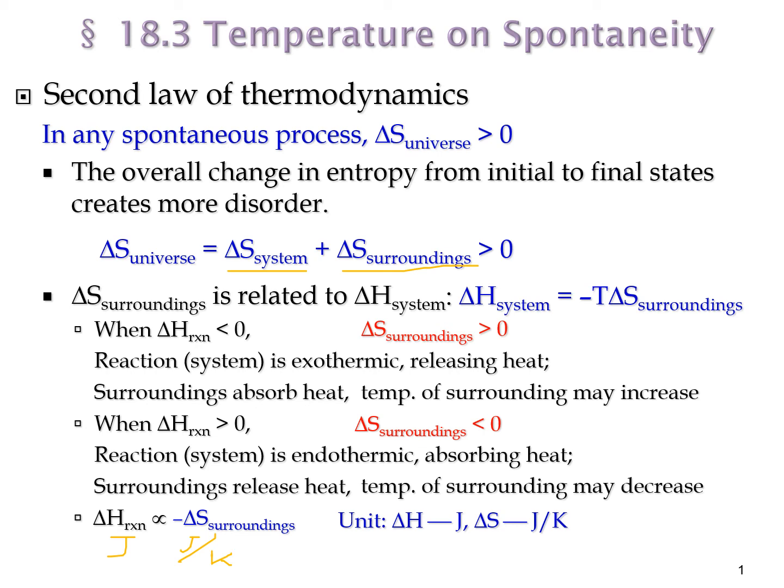So now we have established an equation, a mathematical equation by the way, that relates the delta H of the system with the delta S of the surroundings. Delta H of system equals negative T times delta S of surroundings.